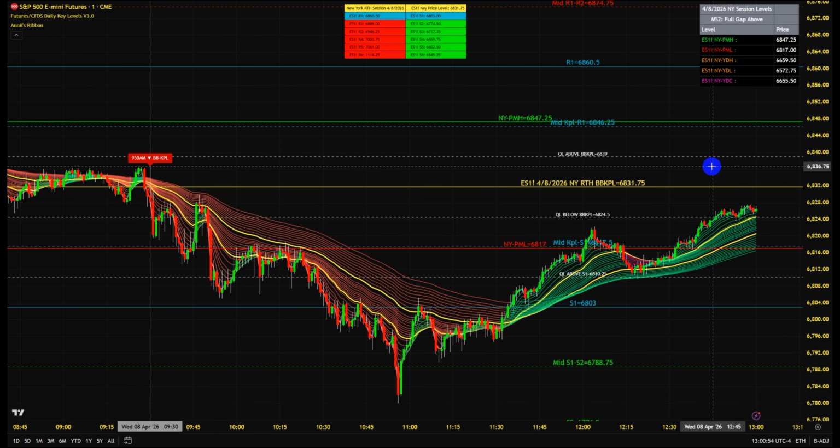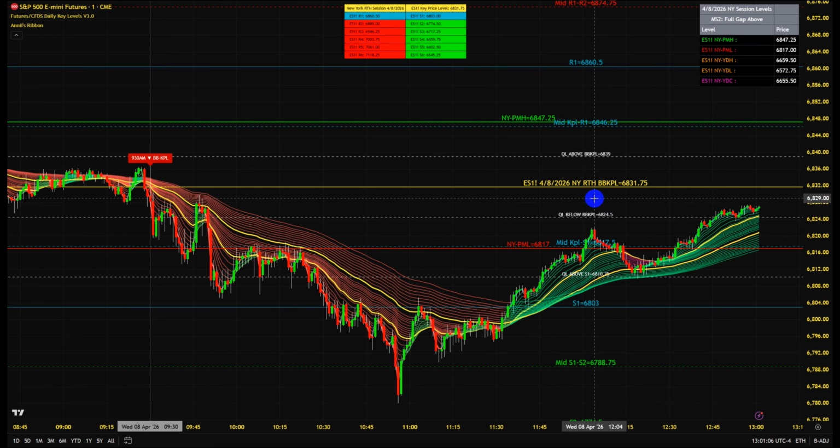With, for example, the SPX and NDX indicators, we're looking for a one level move in our favor for the scalp exit. So on a bearish trade from the BBKPL, a one level move in your favor is the S1 level. That's calculated from the level we're actually taking the trade from, not from the entry point.